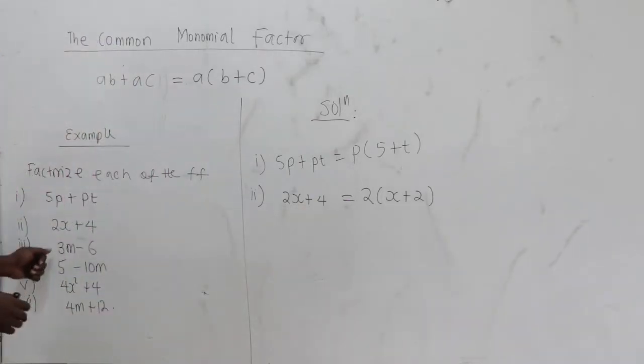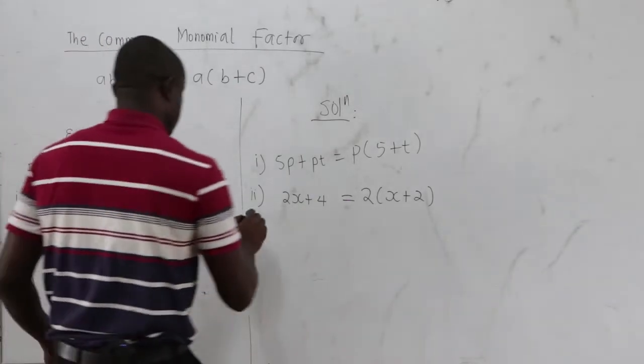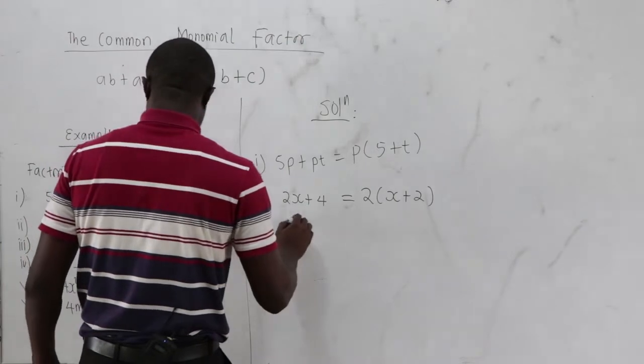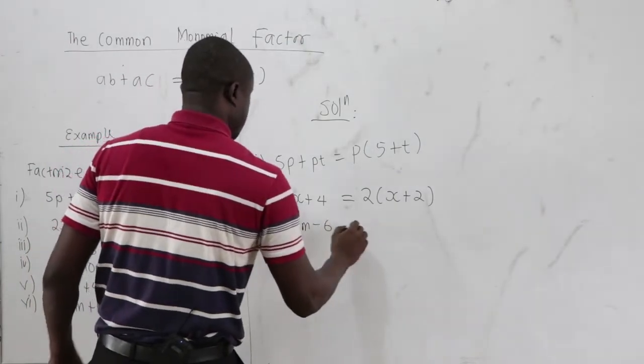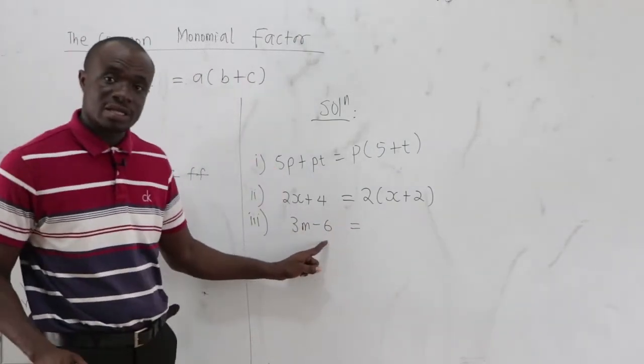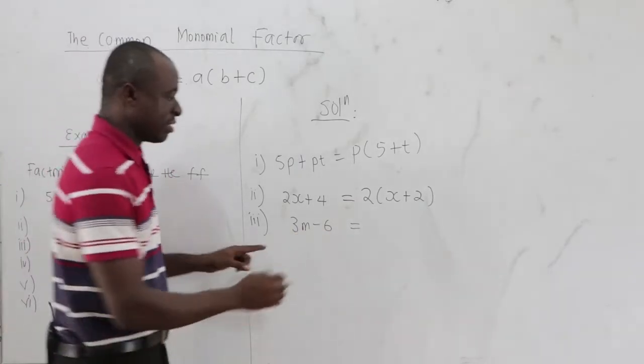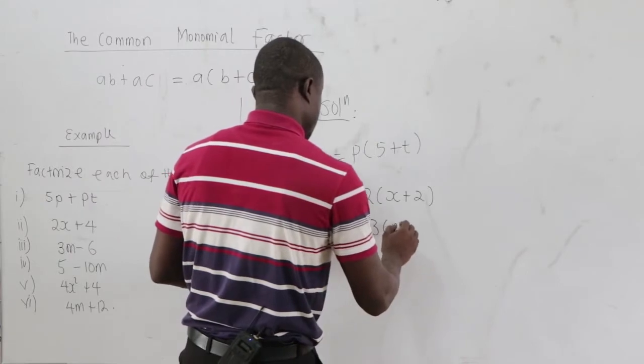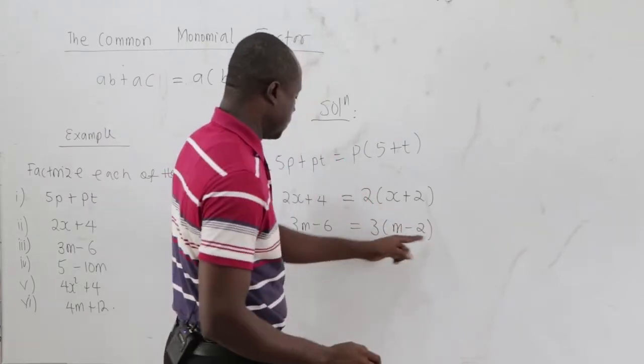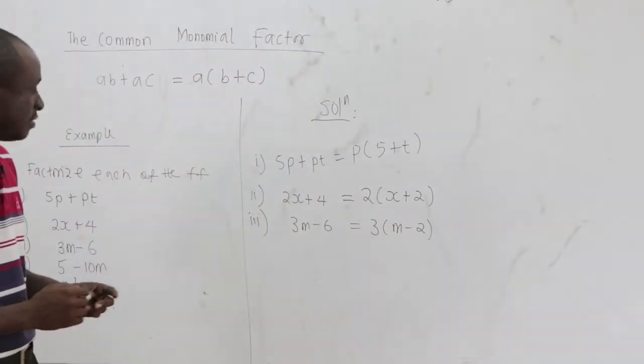Now let's see the third one. We have 3m minus 6. We can express 6 as 3 times 2, so the common factor will be 3. We bring the 3 out and we are going to get m minus 2, so 3 times 2 is giving us the negative 6.